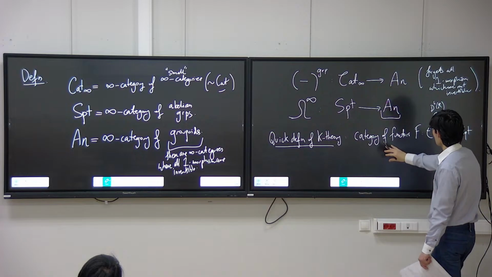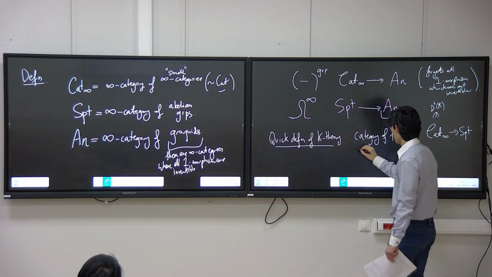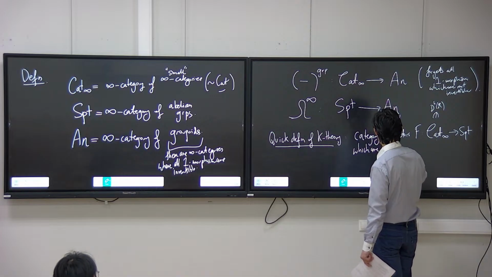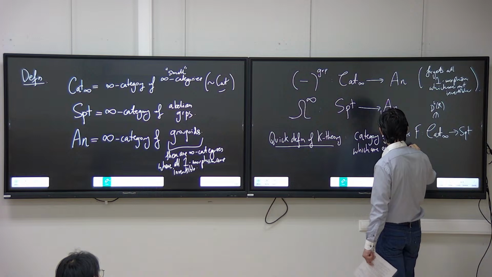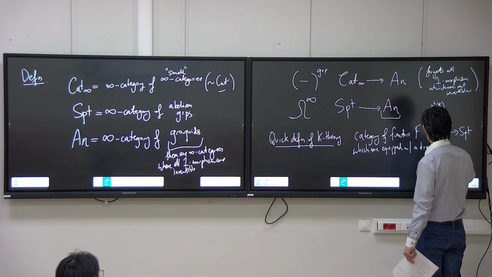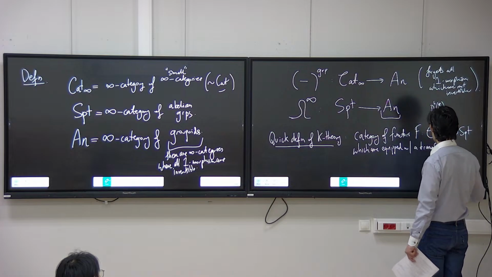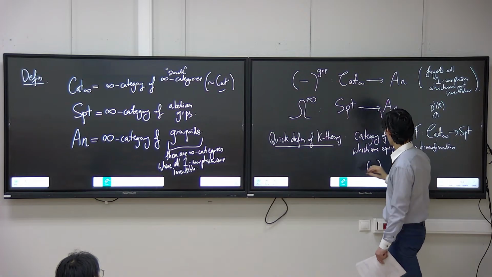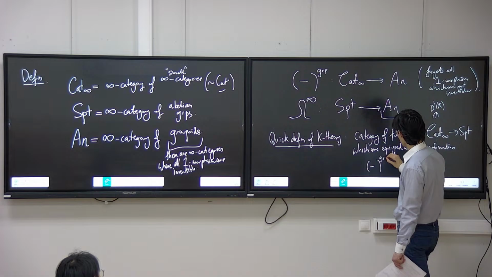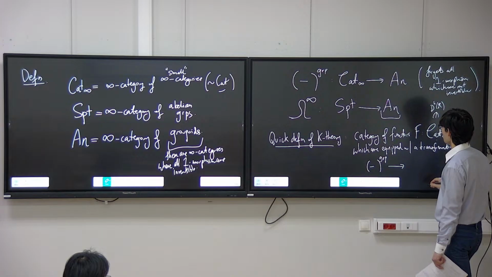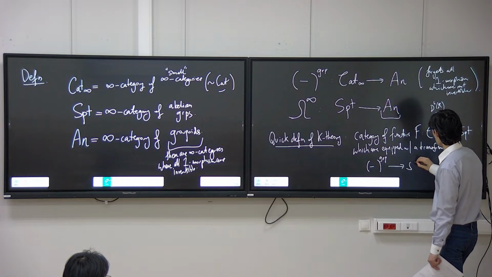So you have this category of functors F, which are equipped with a transformation, so I can think of this functor groupoid dash group, and it gets sent to omega infinity composed with F.